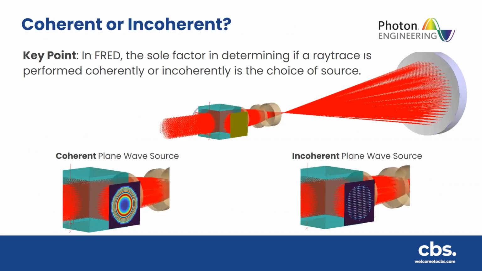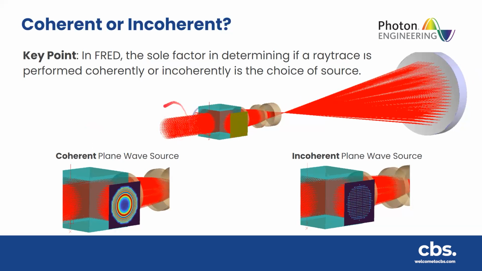Now, the convenience for the user is that one of the key points is that whether you want to do a coherent or an incoherent ray tracing in Fred, it really is determined only by the choice of the source. So here we have a very simple example demonstrating that. Here we have an interferometer.